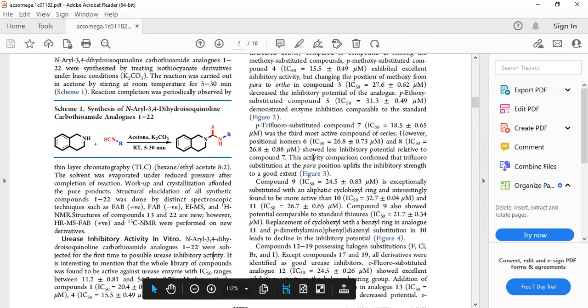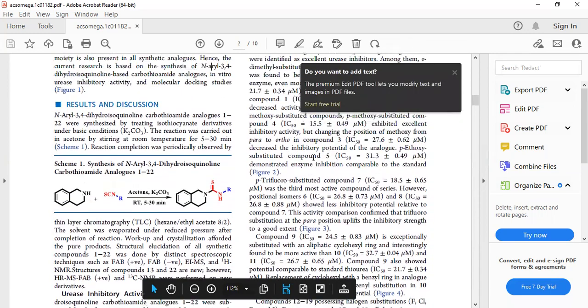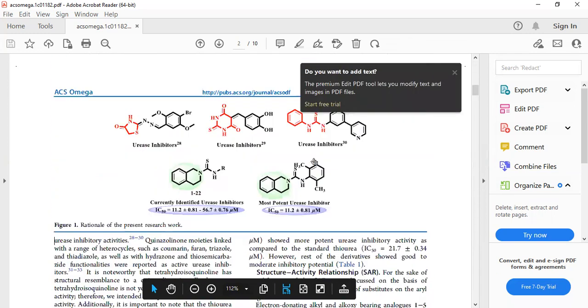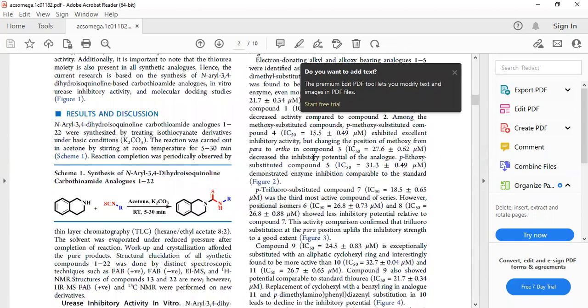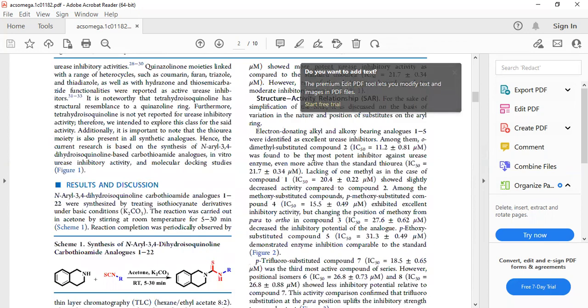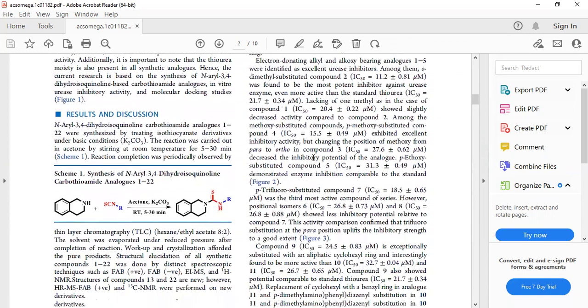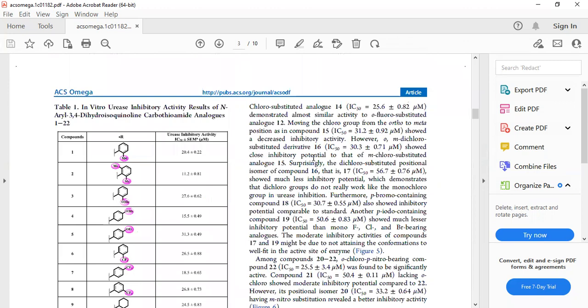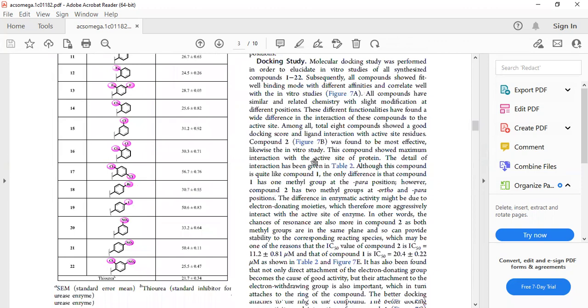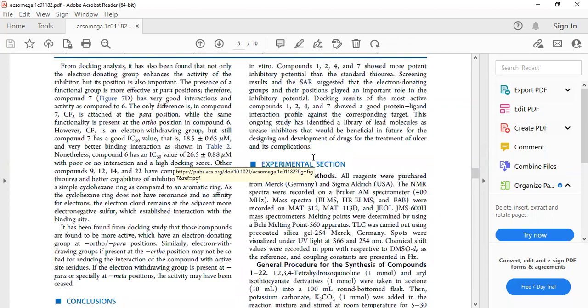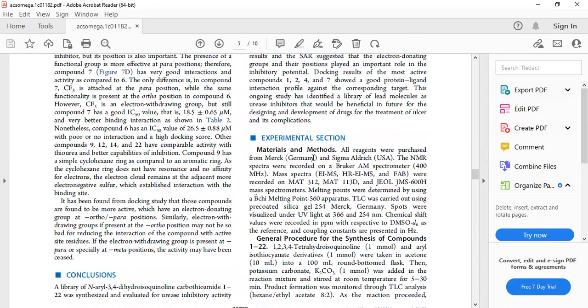So after this, we have material and method. In material and method, you tell how you did the activity of all these 20 compounds and which materials were used.